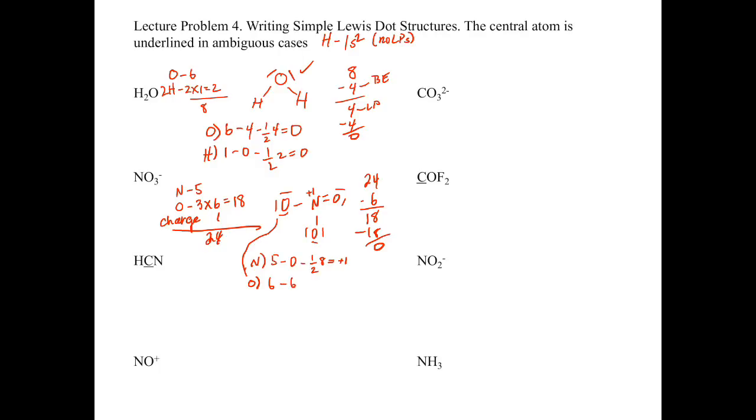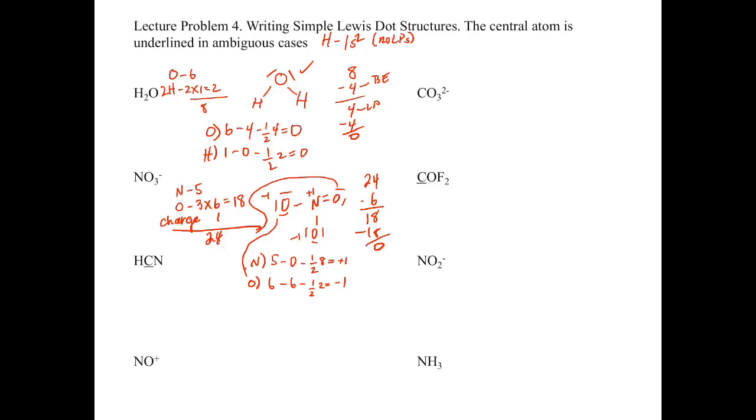It's going to have 6 electrons from the lone pairs, so there are 3 lone pairs on the atom, and then we have minus 1/2 of 2 electrons. The 2 electrons come from the bonding pair. So this gives us 6 minus 6 minus 1/2 of 2, which is a -1. So we have a positive on the nitrogen, and we have a -1 on the oxygen. This oxygen is the same, so we're going to have a -1.